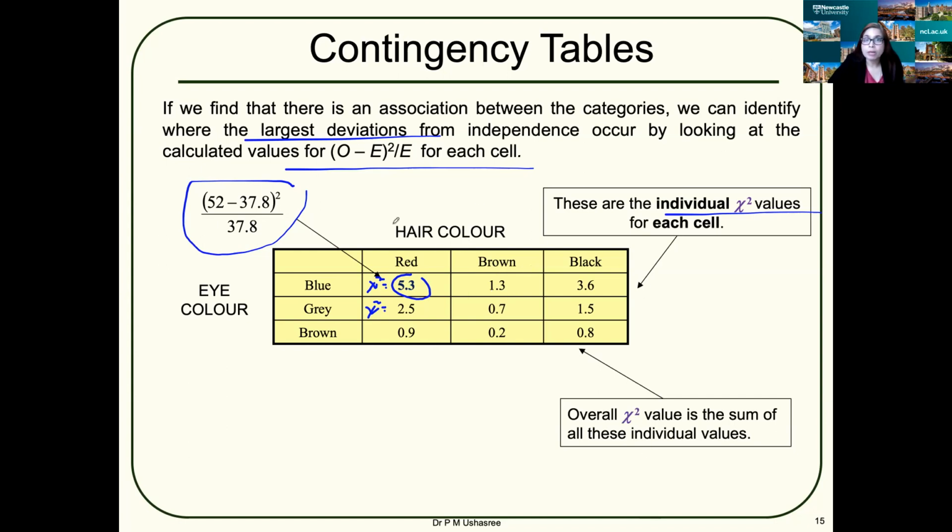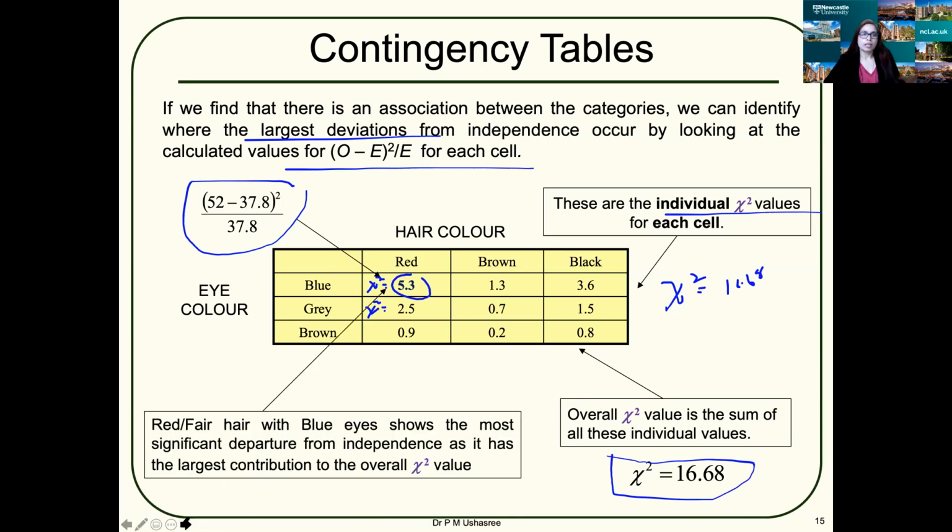If you add them all up, you will get chi-square equal to 16.68. That's what we have just done. So red hair with blue eyes shows the most significant deviation from independence, as it has the largest contribution to the overall chi-square value.